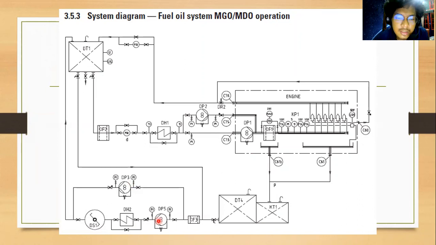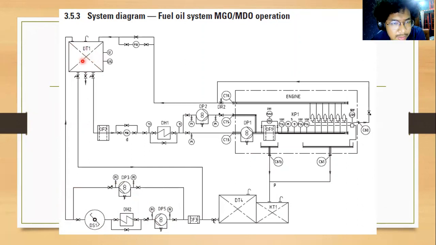I mean that the fuel has water contaminant or solid contaminant inside of it. So those water or solids need to be separated by the separator. After that, the fuel will be discharged to the daily service tank here, DT1.